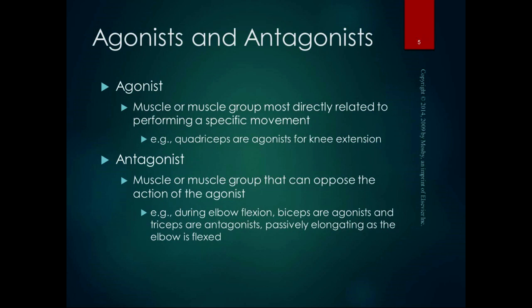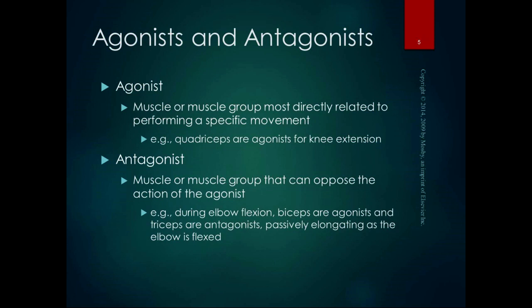The antagonist is the muscle or muscle group that can oppose the action of the agonist. So for knee extension, where the quadriceps are the agonist, the hamstrings or other knee flexors are the antagonist. In the example I have here, during elbow flexion, the biceps are the agonists and the triceps are the antagonists.